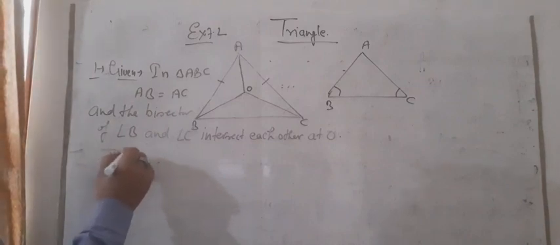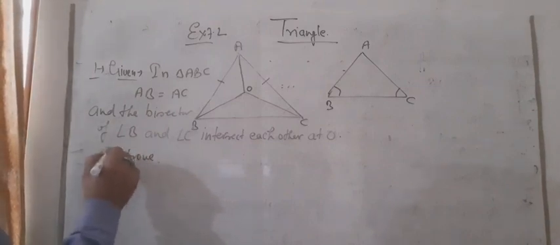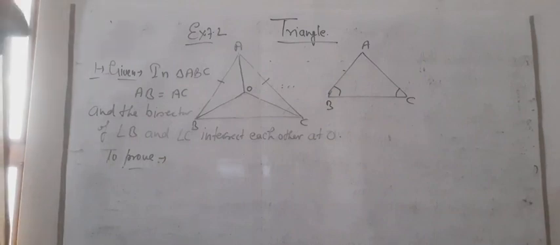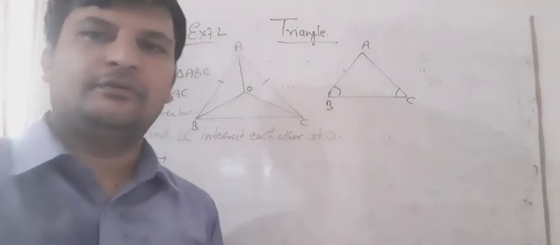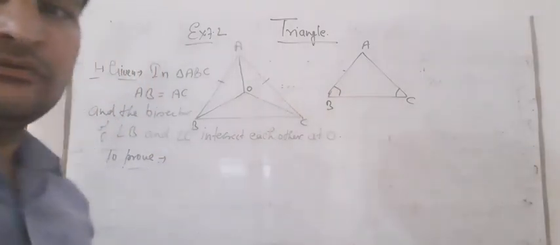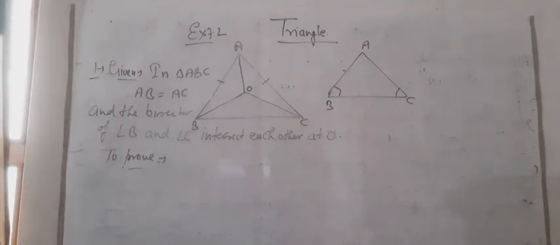What we have to prove? After this we will write to prove. To solve these types of questions, we have to write first given, then second to prove, and then proof. So students, what we have to prove?